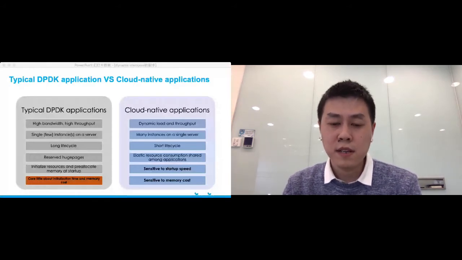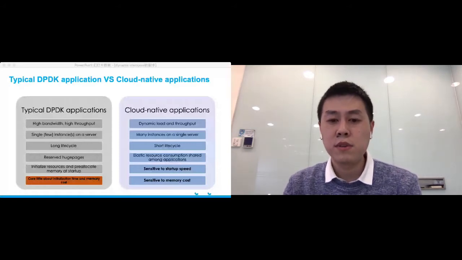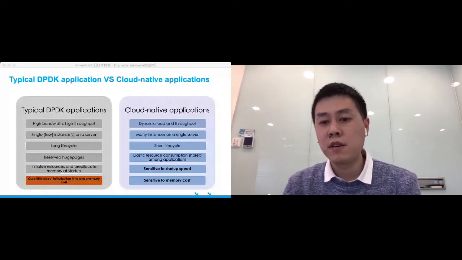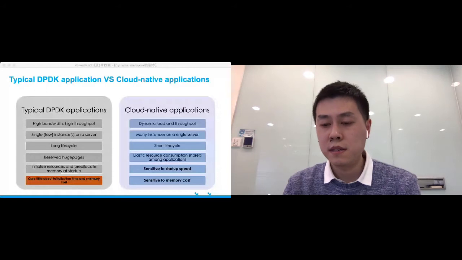While in a cloud-native environment, there would be many instances of different applications deployed on a single server at the same time. The number of instances on a single server could reach 100 or even more. And the life cycle of cloud-native applications would be much shorter than typical DPDK applications. A cloud-native application instance may exist for several days, hours, or even minutes.